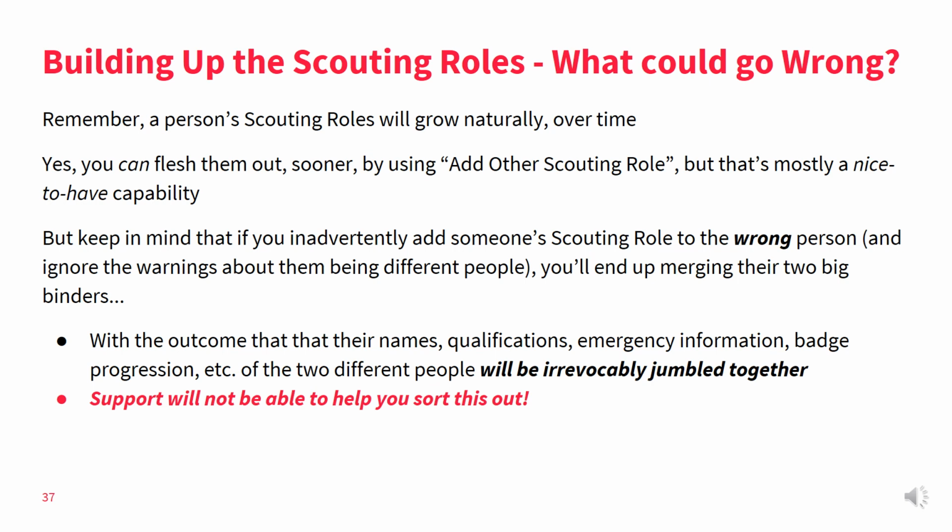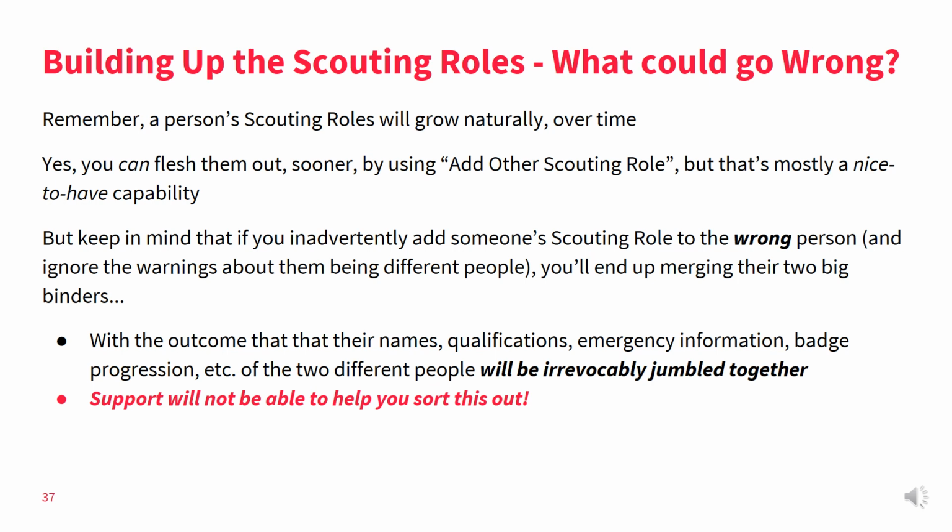And keep in mind that if you were to add another scouting role, and mistakenly specify the wrong person and ignore all the warnings about, hey, the name's different, hey, the scouting member's different, you'll end up merging their two big binders.